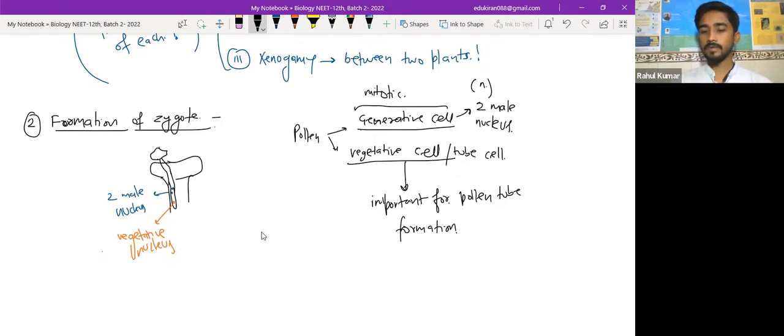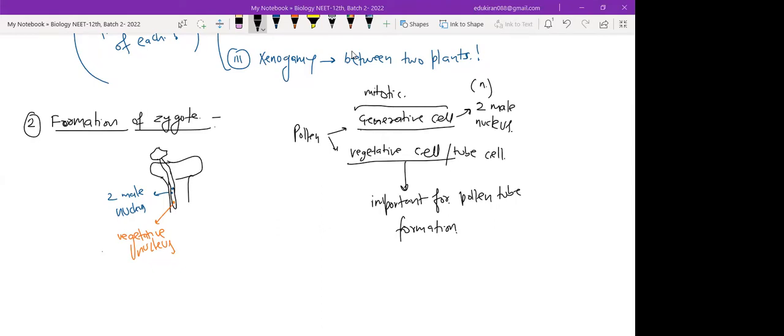And write down the male gamete fuses with the female gamete to form a zygote. Is it clear?